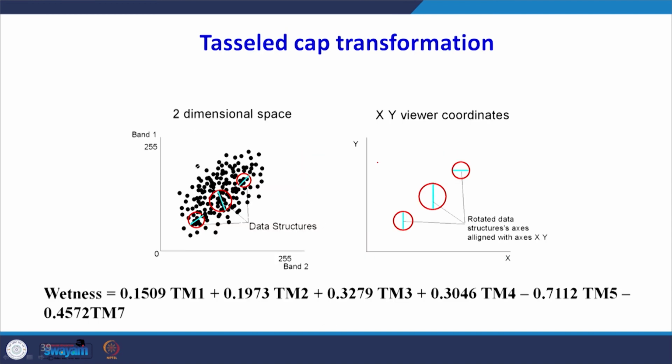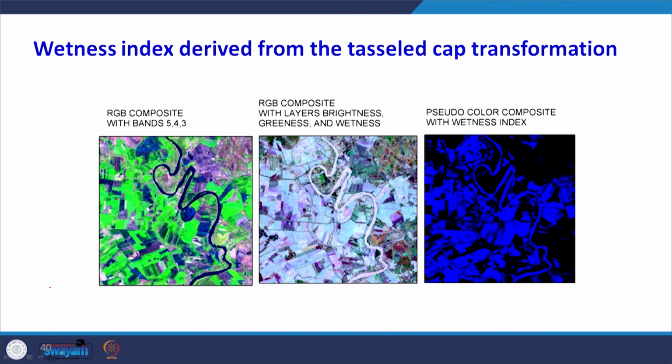This is a wetness index for one study where coefficients are given and Thematic Mapper data has been used. So TM1, TM2, TM3, TM4, TM5, TM7 are the bands which have been used. Using the coefficients of the bands, we can derive a wetness index like this.